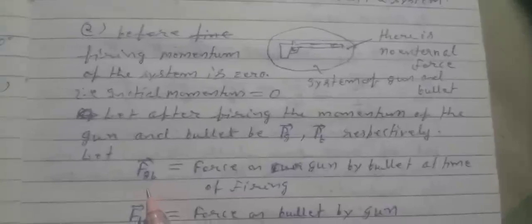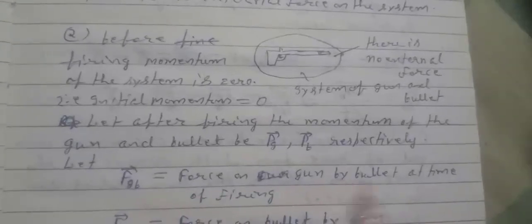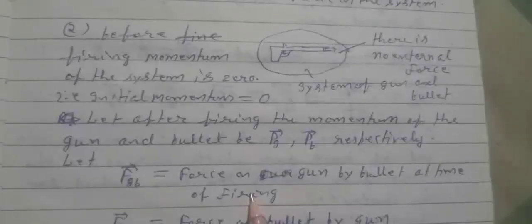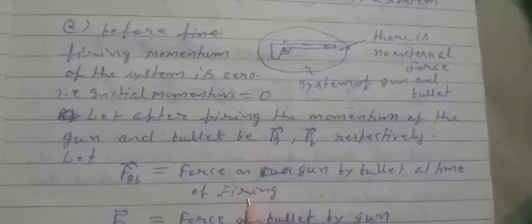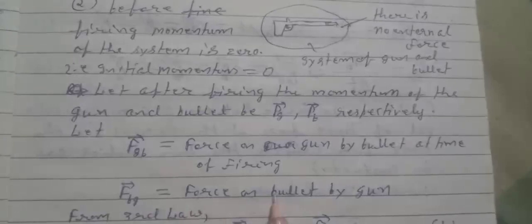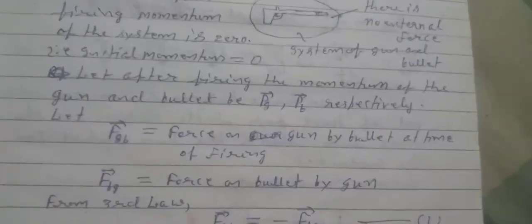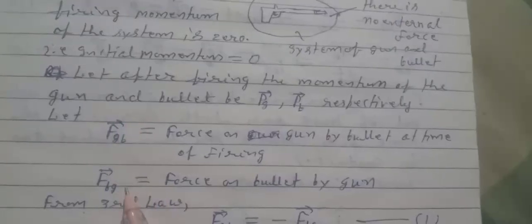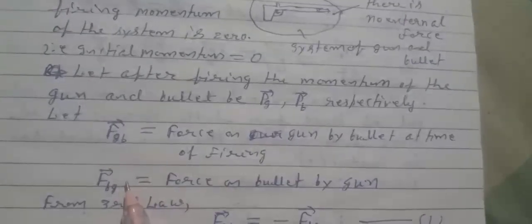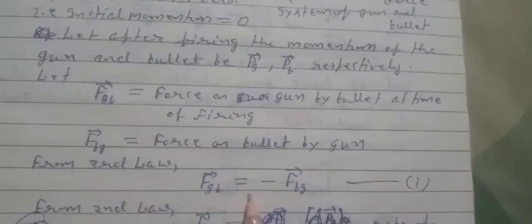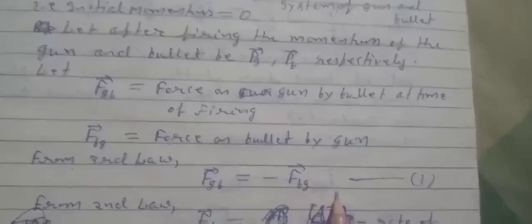Let FGB be the force on the gun by the bullet at the time of firing, and FBG the force on the bullet by the gun. Now from the third law we know that these two forces must be opposite and equal. So we can write FGB equals minus FBG. Equation 1.